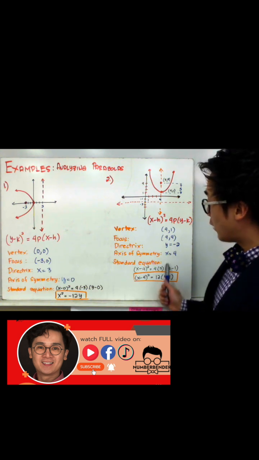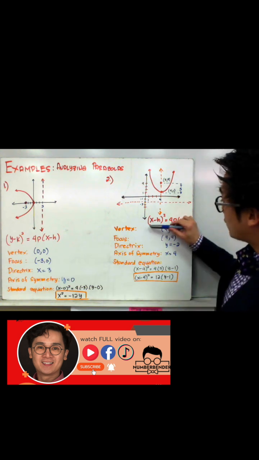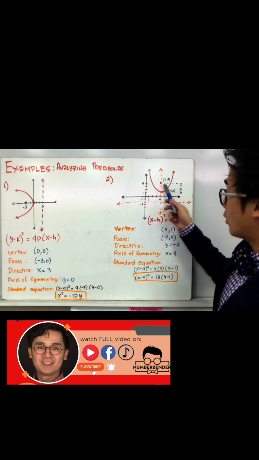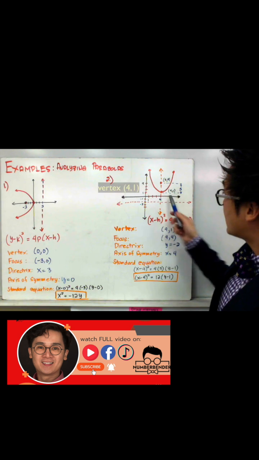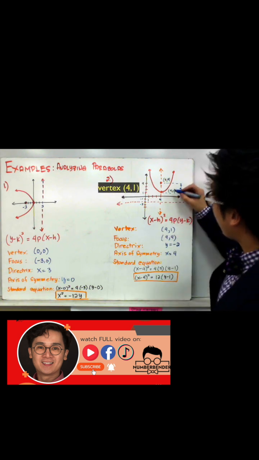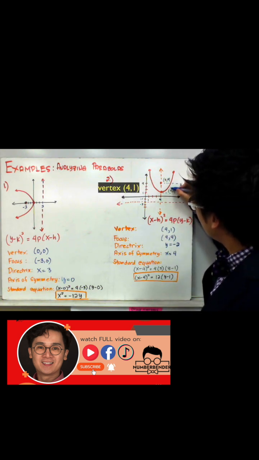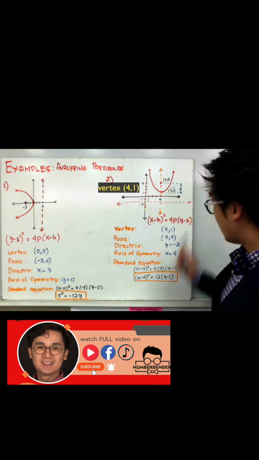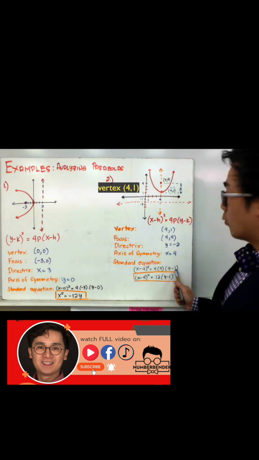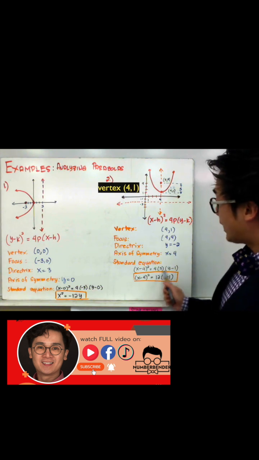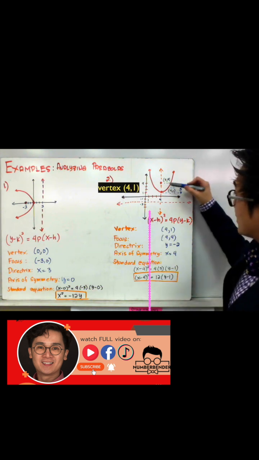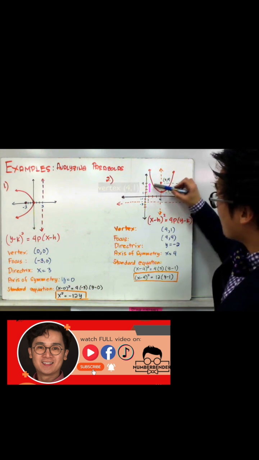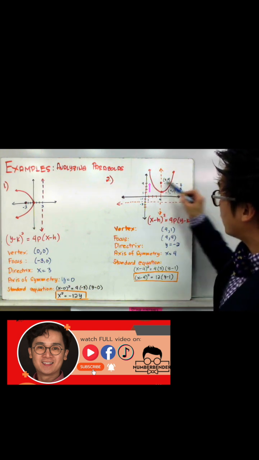Now for the standard equation of the parabola, we will use our equation and replace the values of h and k by our vertex. The vertex is at (4, 1), so the h value here will be 4 and k is 1. For our p-value, the distance between the focus and the vertex measures 3 units.